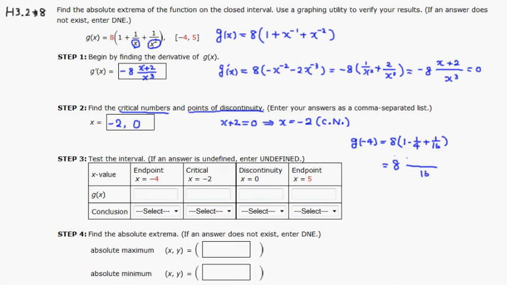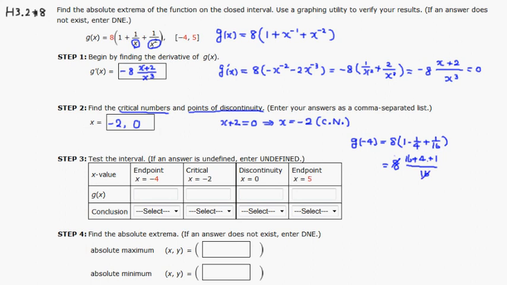So it's going to be 16 minus 4 plus 1, since there's a negative sign there. So this is 8 over 16. They cancel out.